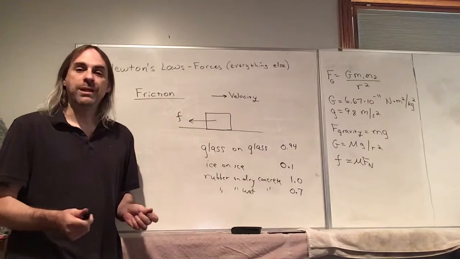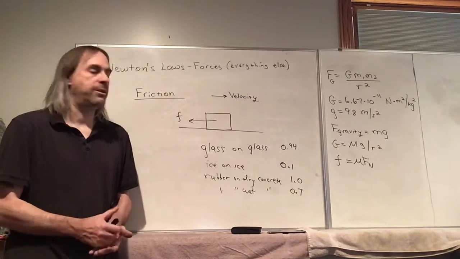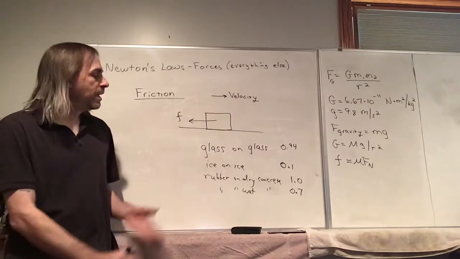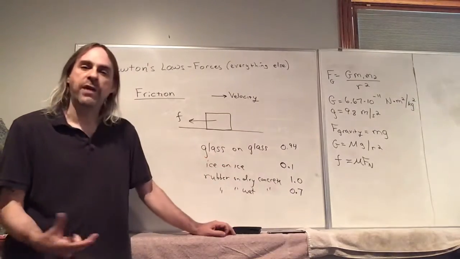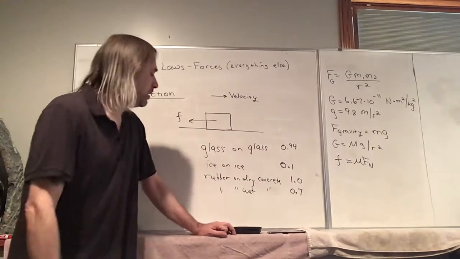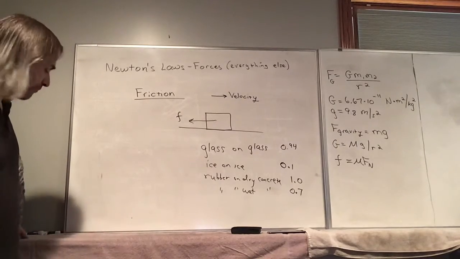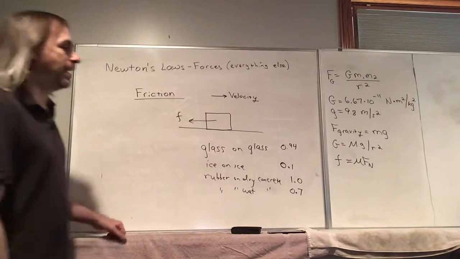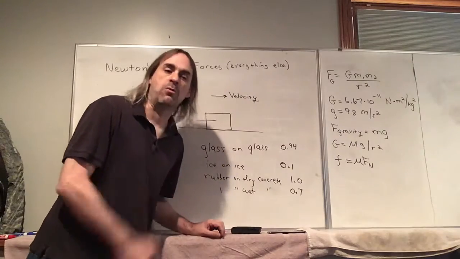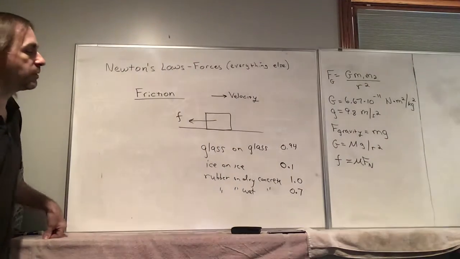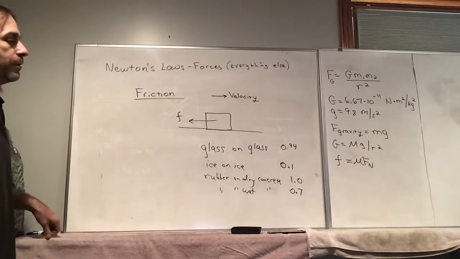They're doing that for a reason. They're trying to heat up the tires because you actually get more friction that way. So these values can depend on other factors like temperature, and different types of rubber, some will be better than others. If you're an engineer, you want to worry about those details. For us, we don't really worry too much about it.